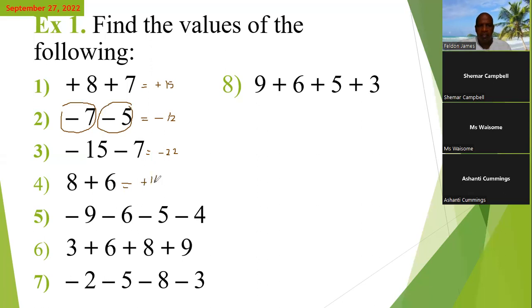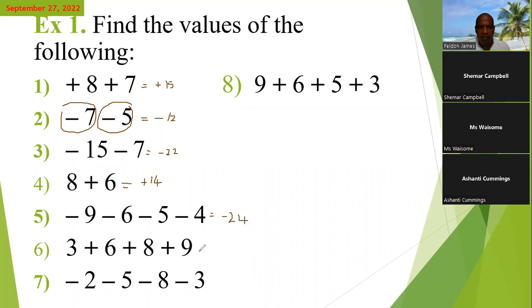Now, it is okay if you don't want to put the plus sign when you're working with positive. So you don't have to put the plus sign in the answer, because without a sign, we know that the answer should be positive. What about this one here? -24. Everybody get negative 24.